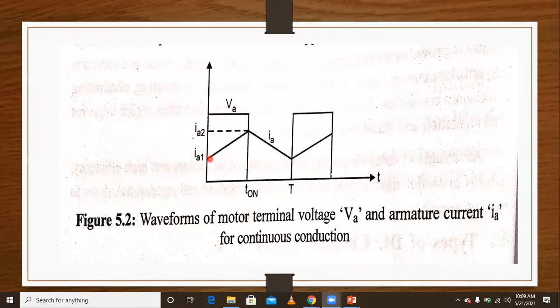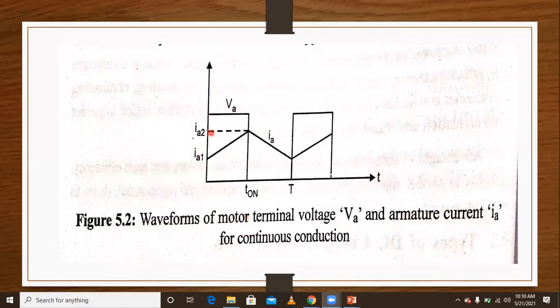The on and off times of the chopper are adjusted automatically. When the current increases beyond the upper limit, that is IA2, the chopper is turned off.